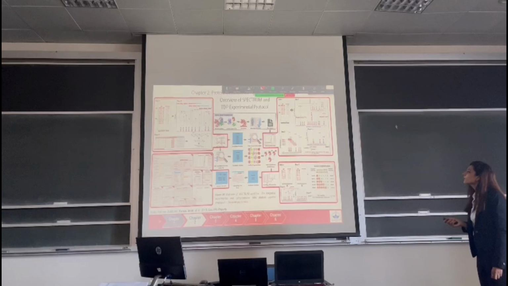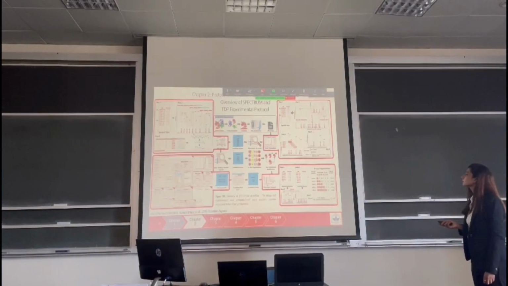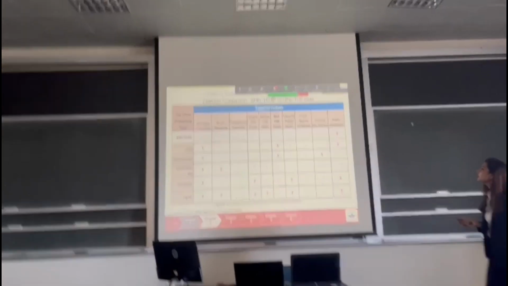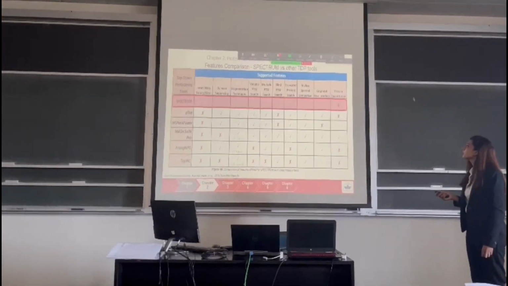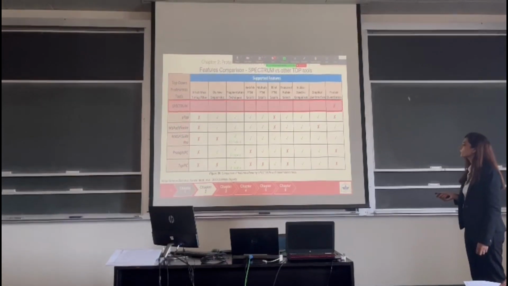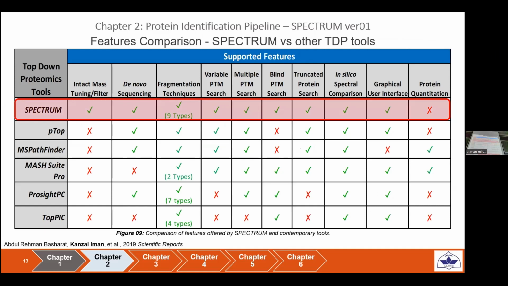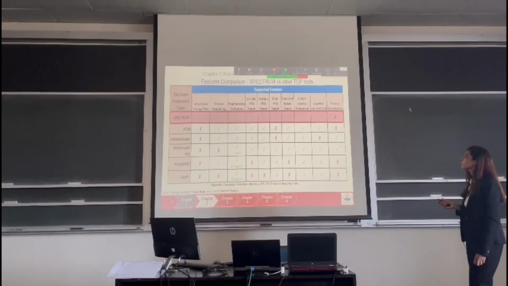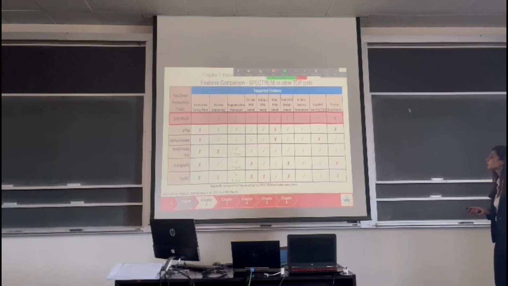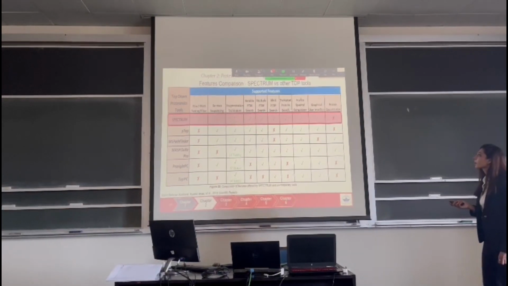To clearly lay out the features of Spectrum, we have compared it with the tools, and as is visible within the table, Spectrum offers a range of features which are not in other tools. And it has been benchmarked against TDP tools, including ProSight, PCP, TopPIC, and MS Pathfinder.